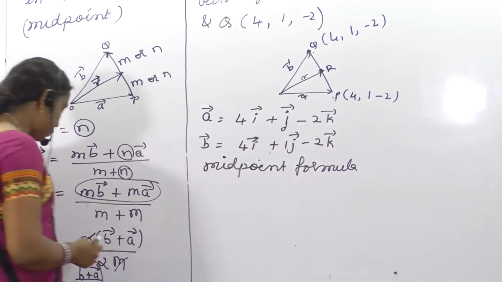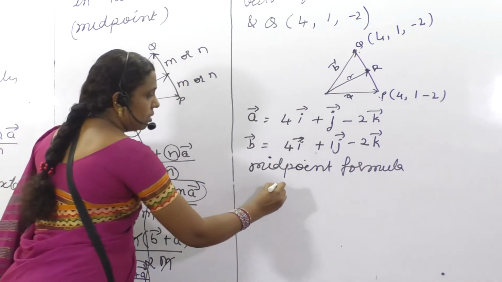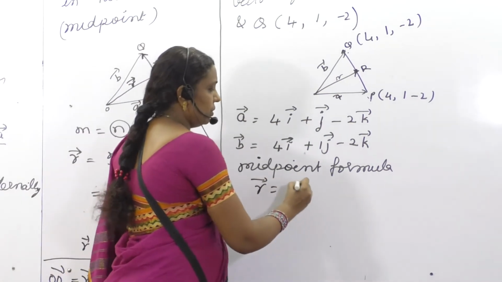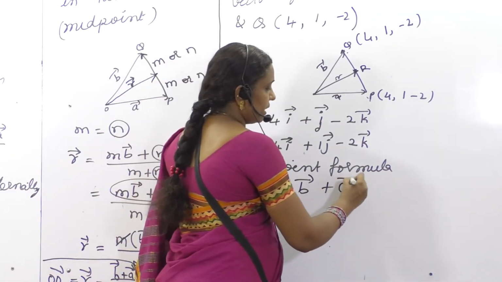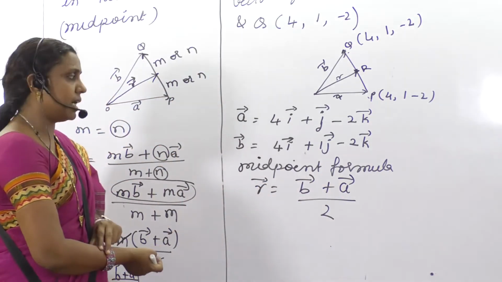So what are we supposed to follow? Vector R is equal to vector B plus vector A divided by 2. You can even write A plus B by 2. That is also true.